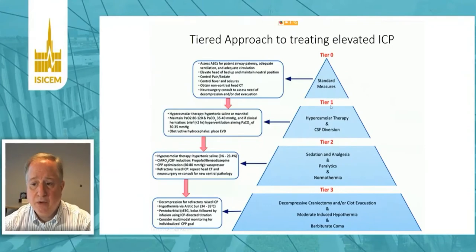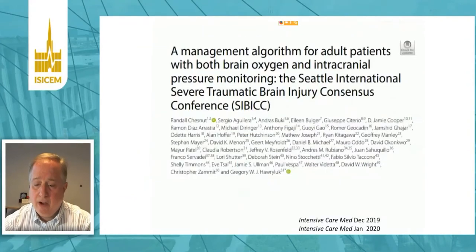Tier 1 is where we have intracranial pressure being documented, and we do hyperosmolar therapy and CSF diversion. Tier 2 is where we start using sedation or paralytics or more normothermia. And Tier 3 is where we go to more rescue therapies, including decompressive craniectomy, hypothermia, or barbiturate coma. And we'll go through these as we go through the algorithm.